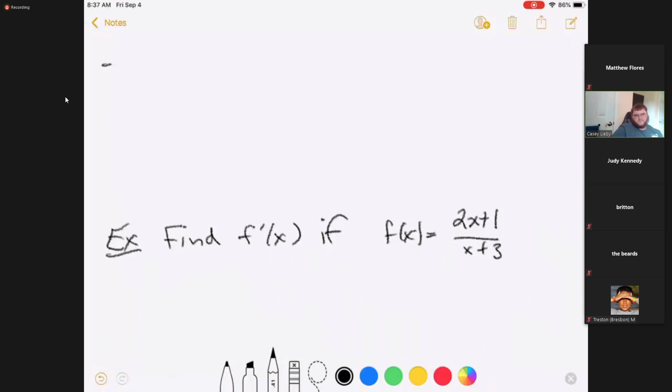Okay. Well, I remember somebody tried to ask earlier, what's the difference between using the limit as x approaches a and the limit as h approaches 0? There really is no difference.